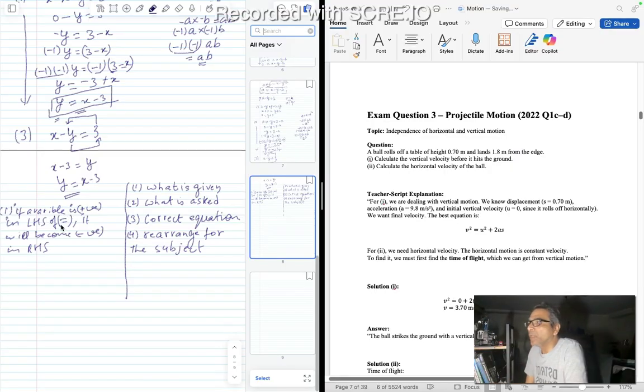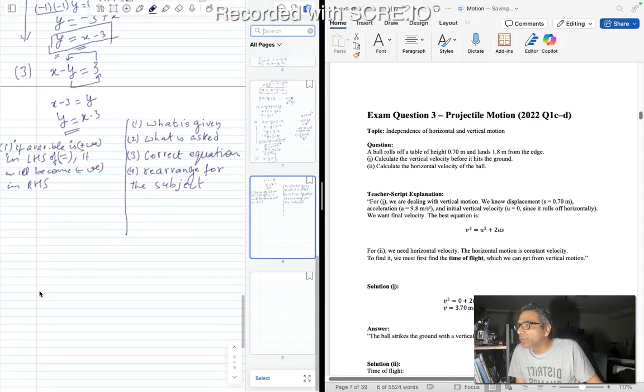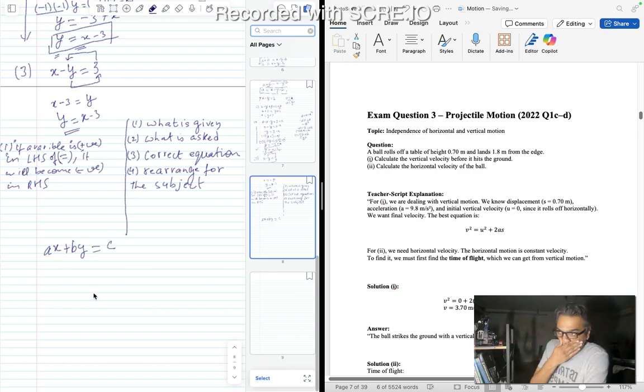Okay. Now let's see another example of an equation: ax plus by equals c, right?